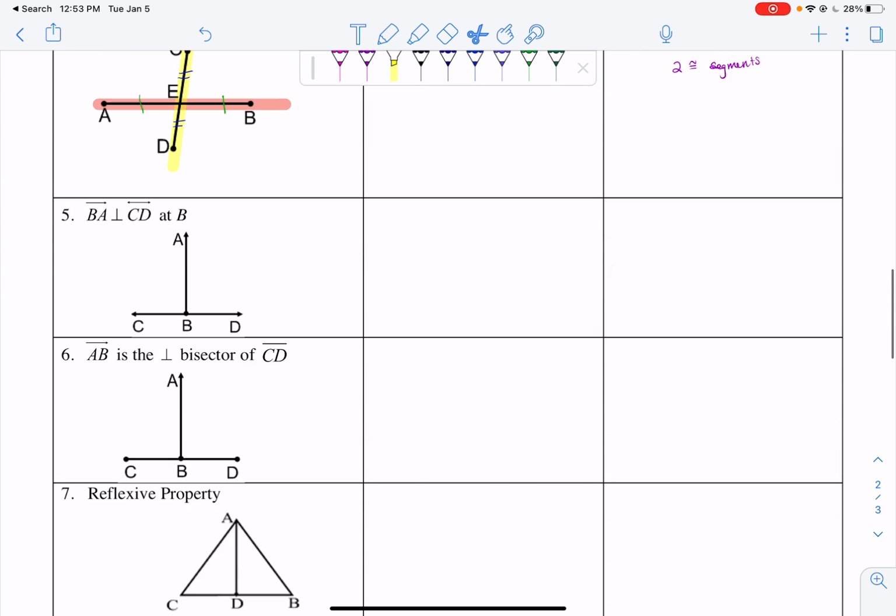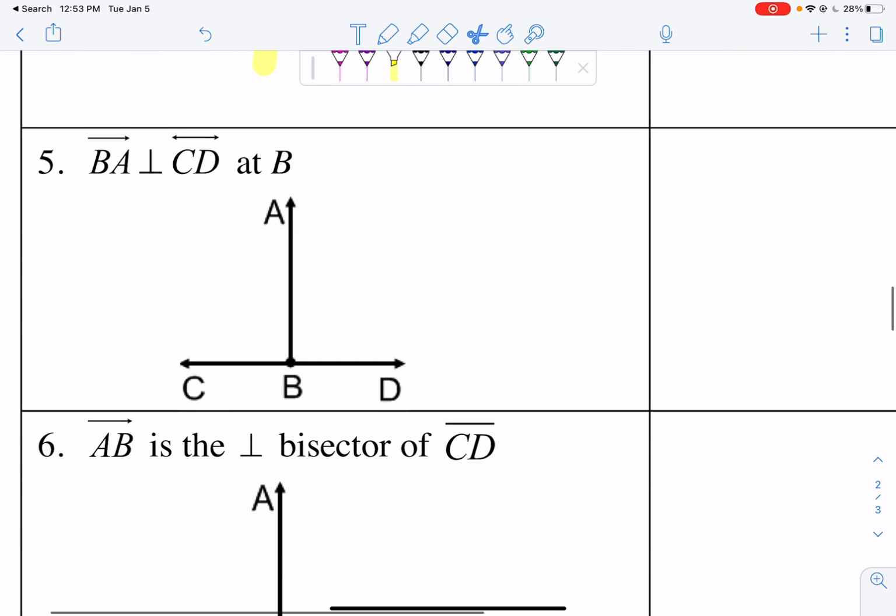Now, BA is perpendicular to CD at B. So this is a two-stepper. Whenever you have perpendicular, you need to say these two things. I can say BA is perpendicular to CD at B. We know that whenever we see perpendicular, we're dealing with right angles.